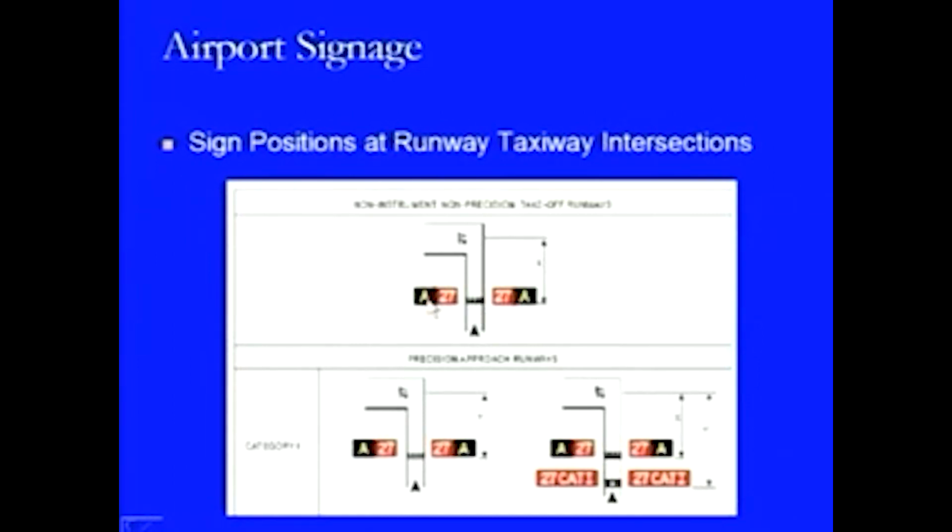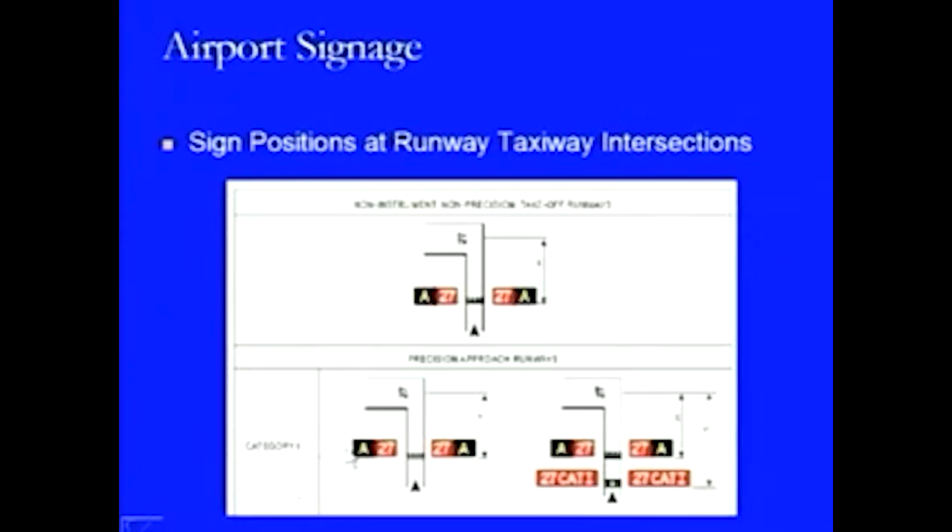So, this is A with 27, which defines that we are reaching a runway strip defined by the number 27, and the number 27, as we have discussed previously, defines the direction of movement, that is at an angle of 270 degrees with respect to north azimuth. Or one may be provided on this side in this way, where it says that you are coming from 27 and moving towards A.